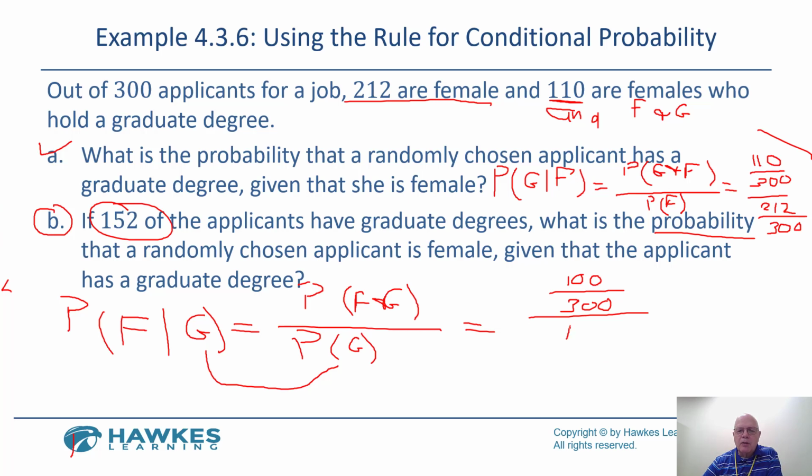So the denominator will be 152. We've got 300 applicants.